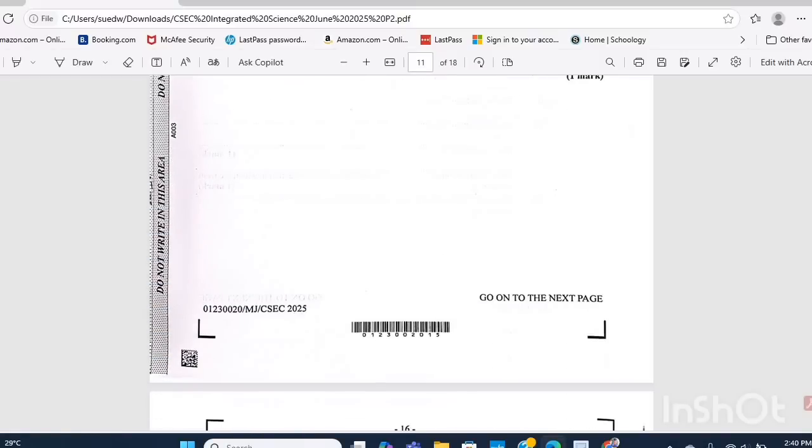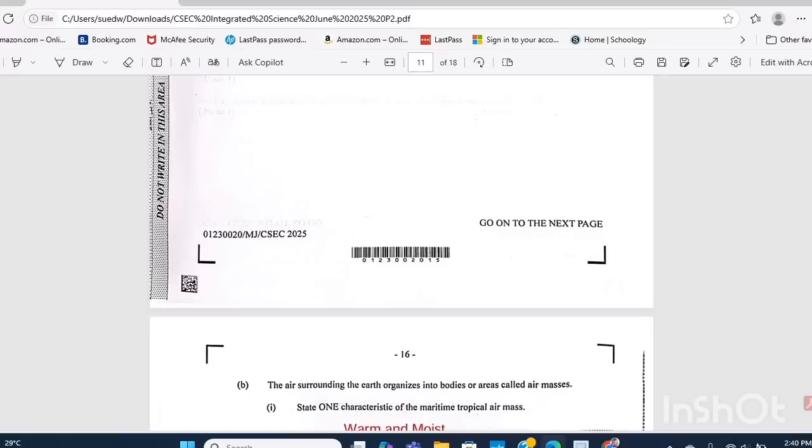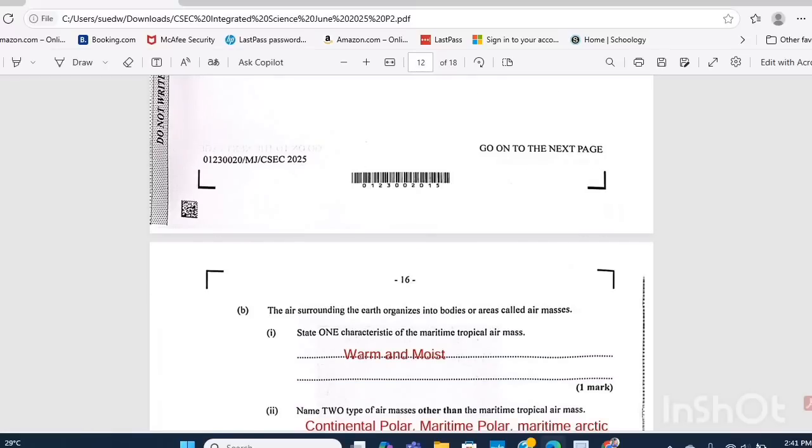All right, people. So when we look at, I think there are a lot of giveaway marks on this paper. Part B says the air surrounding the Earth organizes into bodies or areas called air masses. State one characteristic of the maritime tropical air mass, and one characteristic is that it is warm and moist.